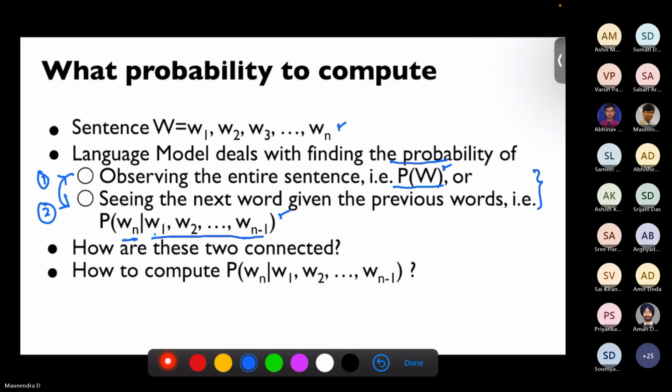Now let us stay with this task. We need to know how to compute the probability of Wn given W1 to Wn minus 1.